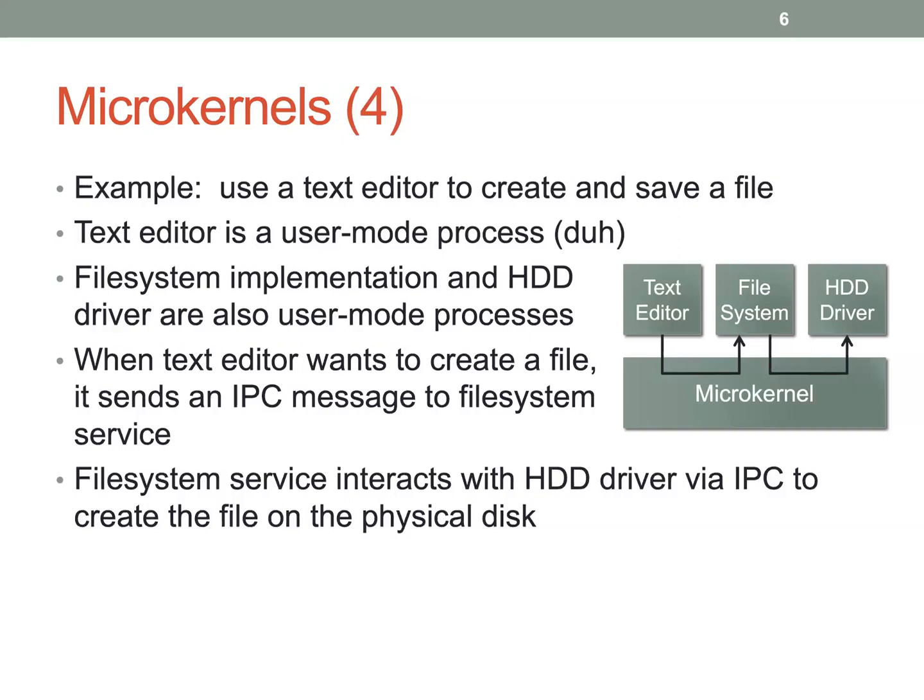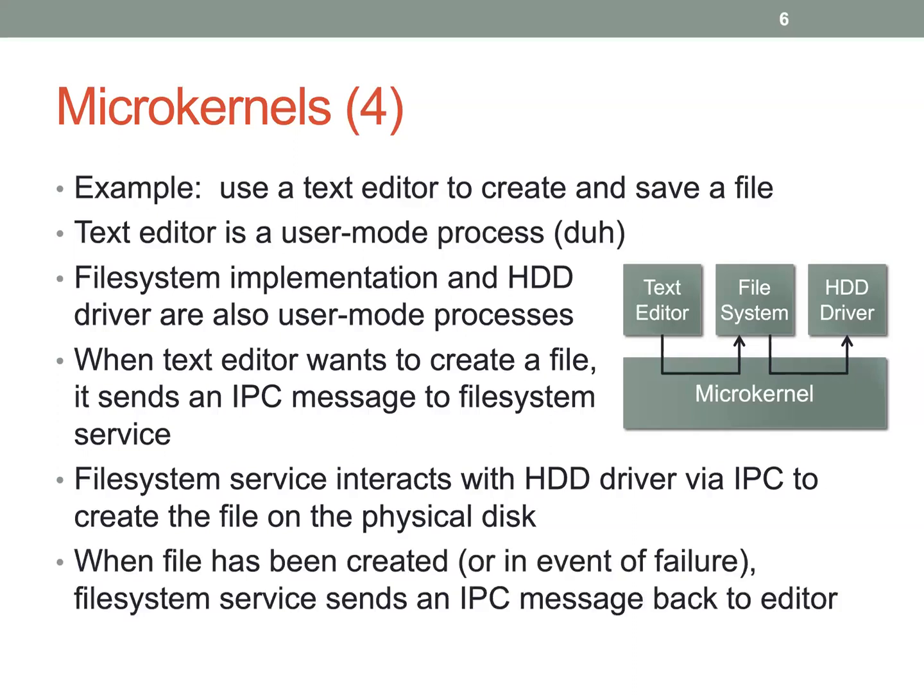Now, hopefully you can see this seems like it will be slow, and that is the correct way of analyzing this and looking at it. Of course, you also have the response messages coming back. So this IPC mechanism that you see in first generation microkernels tends to be an asynchronous messaging type mechanism.